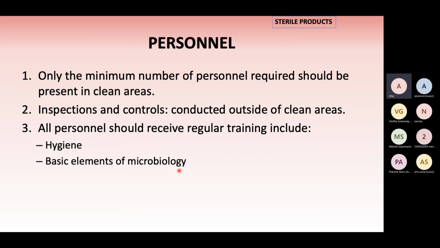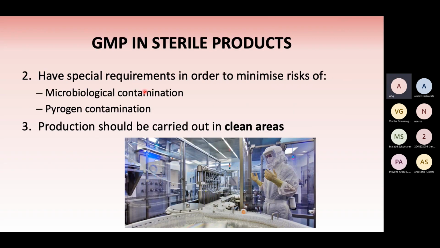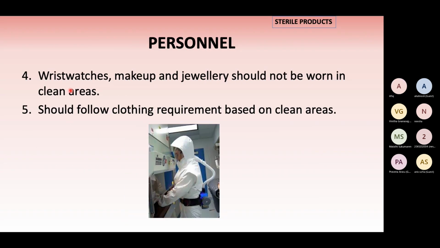So why do you need to know about microbiology? So that you know the things you have to avoid to prevent microbiological contamination. The staff working inside the clean areas have to avoid wearing wristwatches, makeup, and jewelry.